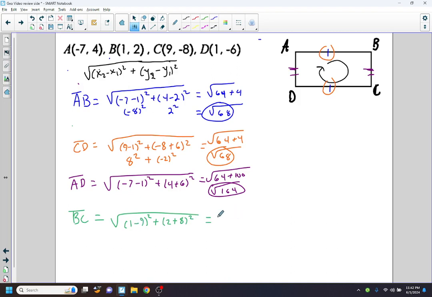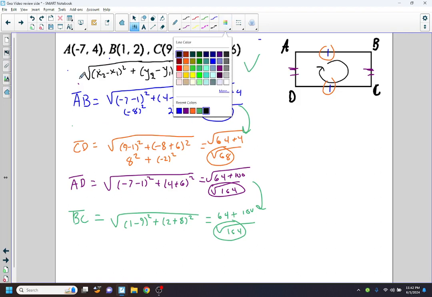Again, that's going to be negative 8, so 64, plus that's going to be 10, 100. That's 164. So we figured out these match, and we figured out these match, so we could confirm that it's a parallelogram. We did this by the distance formula.